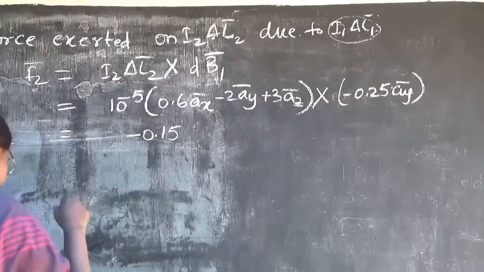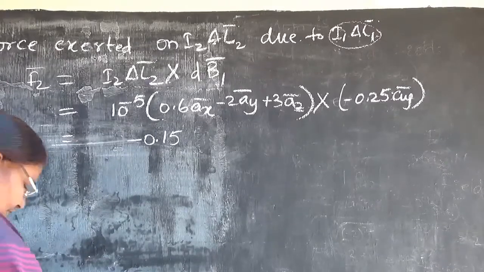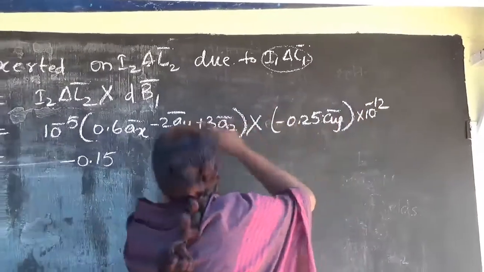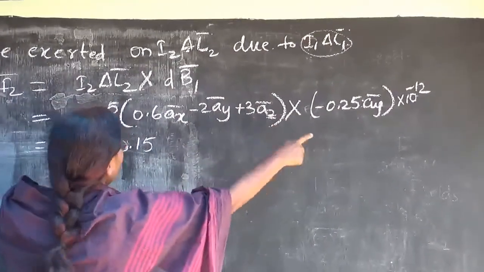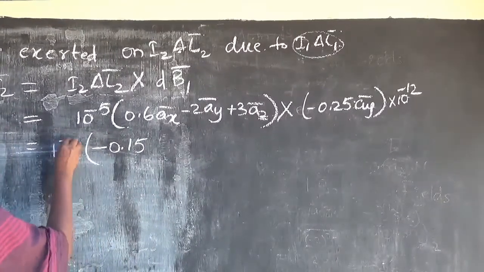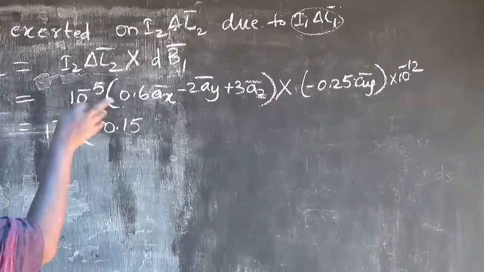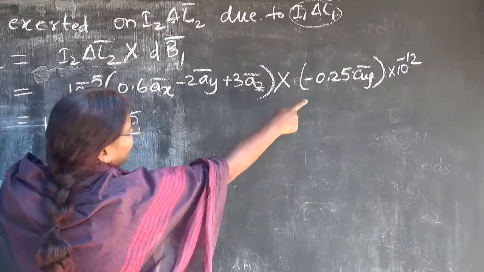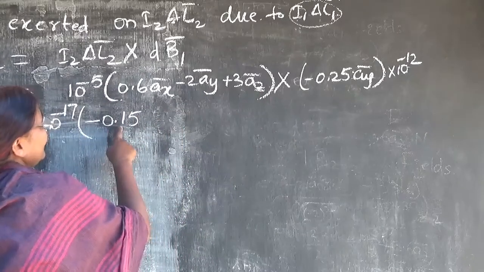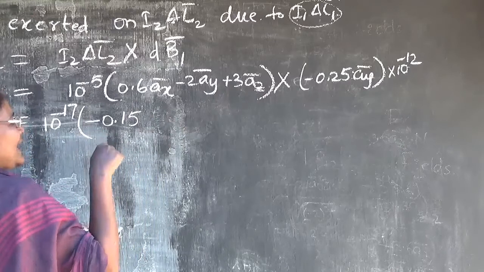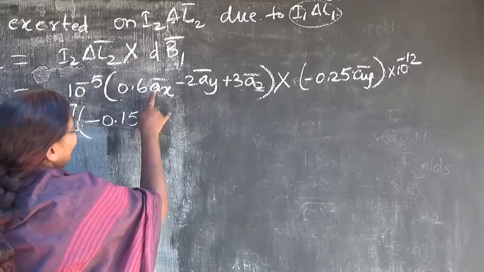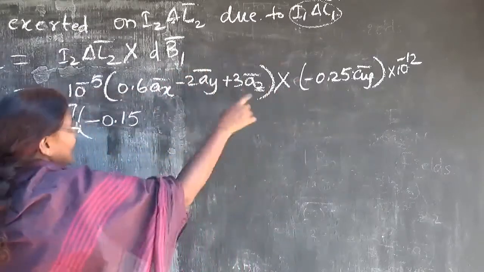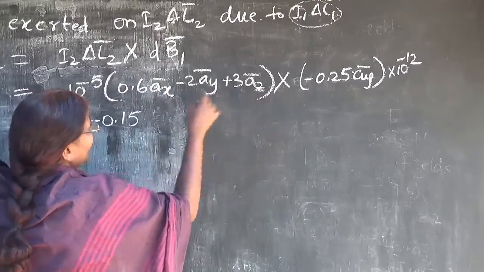Along with this we have 10 to the power of minus 12 also, and 10 to the power of minus 5 and 10 to the power of minus 12 will give 10 to the power of minus 17. So 0.6 into minus 0.25 will give minus 0.15. You can check with your calculation. This is the textbook calculation. First multiply AX bar cross AY bar. In order, AX bar cross AY bar will give AZ bar.